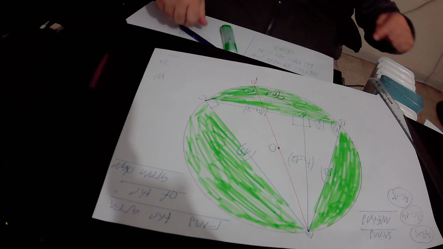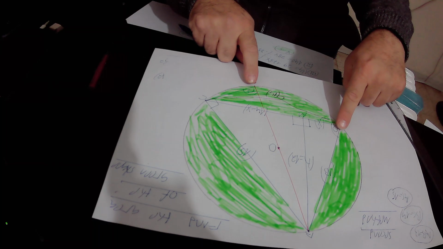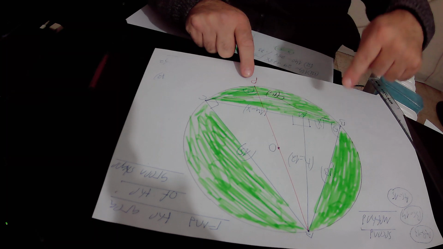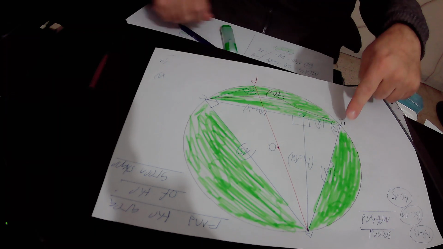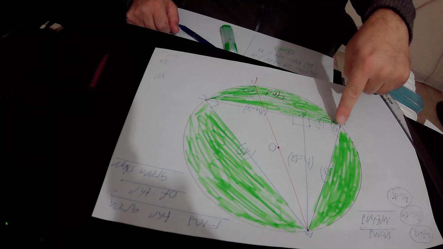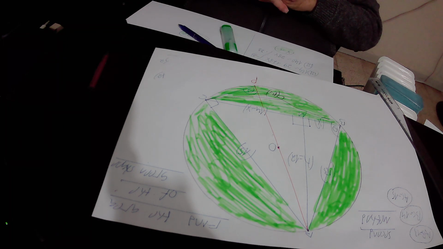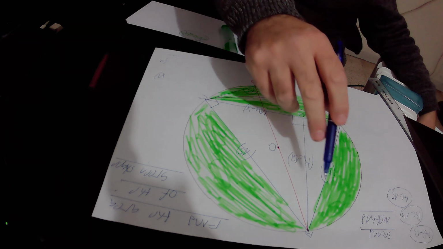I repeat again. According to rule number 8, those two peripheral angles that rest on the same chord called AC must be equal to each other. So if this peripheral angle APC is theta, then this peripheral angle ABC must be also equal to theta, according to rule number 8.